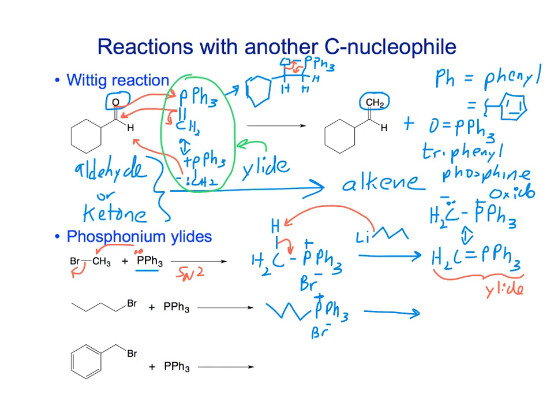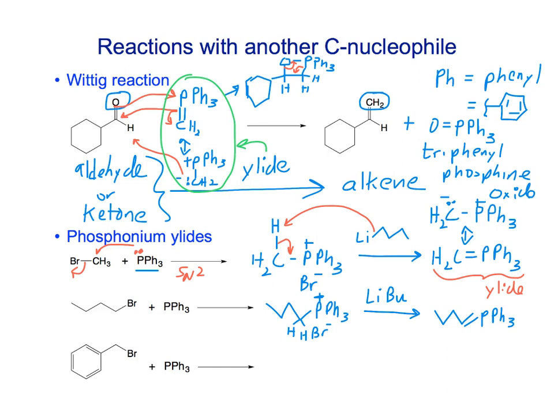Sometimes you'll see butyl lithium like this with just a Bu for butyl. And that will remove one of these protons on the position adjacent to the phosphorus to form this ylide. Okay, so we can add more than just a CH2. We're going to make an alkene in each case, but that alkene can have more carbons attached to it.